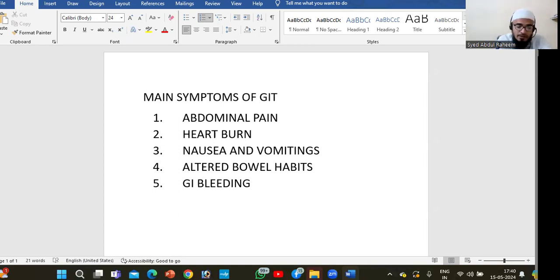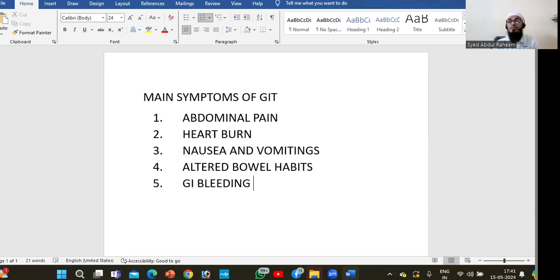Why does GI bleeding happen? The main reason of GI bleeding is ulcer or esophagitis, or any rupture of veins and arteries, or any lesion, or any non-cancerous growth, hemorrhoids, fissures, inflammatory bowel disease, or any infection in the stomach, small intestine, or large intestine.